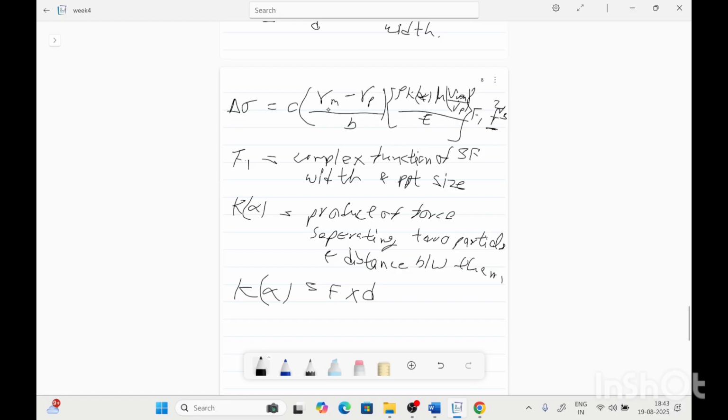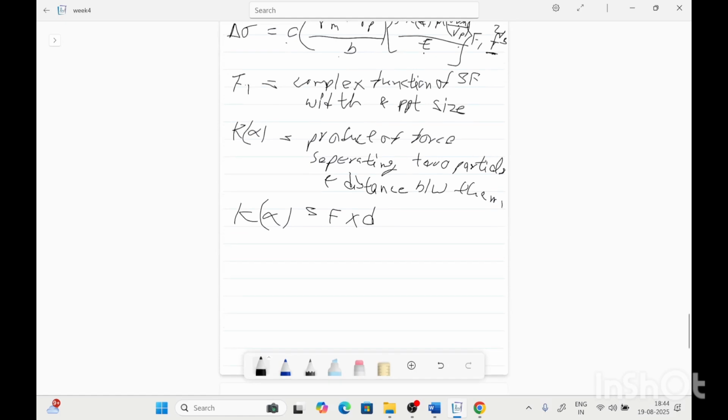Further, gamma m and gamma p are the stacking fault energies, b is the Burgers vector, C is some constant, E is the elastic modulus, and Vm and Vp are the volume fractions of matrix and precipitate.